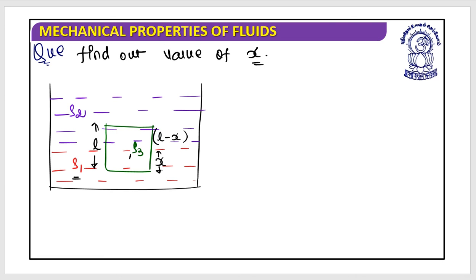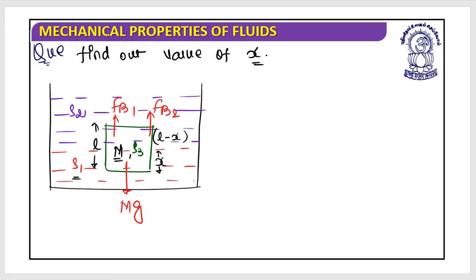What would be the situation? This has mass m. So what I understood is that the force acting by the body in the downward direction is mg, and it is at rest. This is Fb1, the force acting by the first fluid, plus the force acting by the second fluid. Always remember that every fluid in which an object has been submerged will apply a force on it.